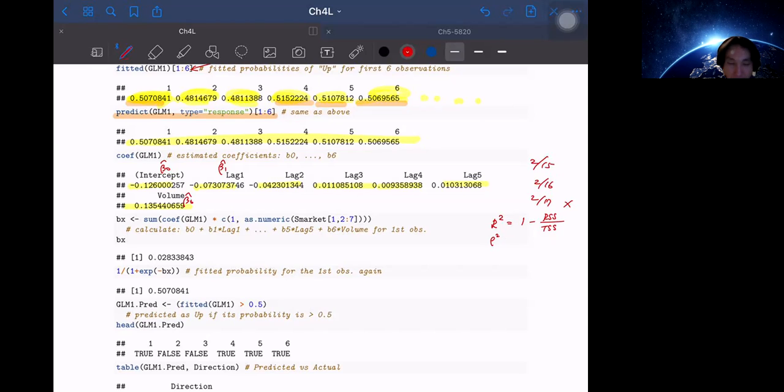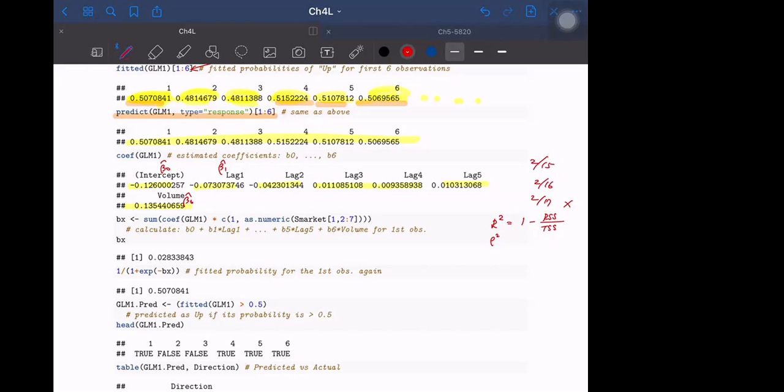So we can define some quantities which are kind of similar to R square or rho square, but I believe that we don't really have the exact correspondence between linear and logistic regression. Yes, that's true.